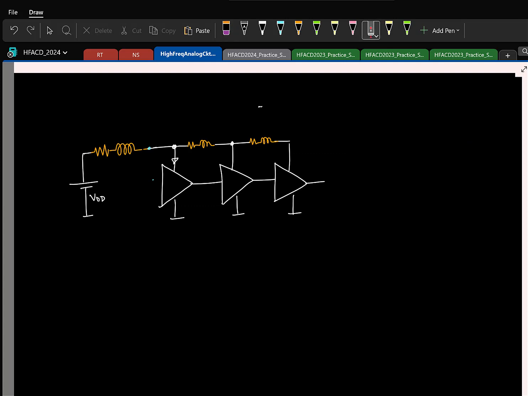So here I have only shown the supply, but recollect that even the ground is common for everything. So you'll basically connect everything with one line. Which means even that line is not a short. You will have R and L in that path also.